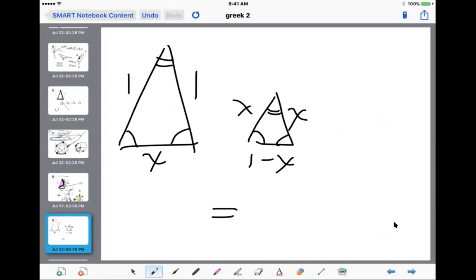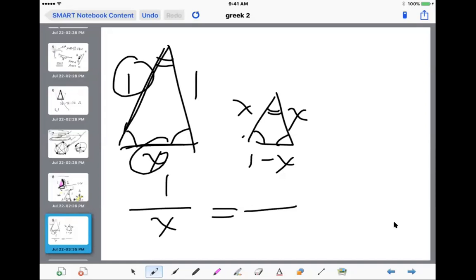But it's going to lead us to the answer. That's right. 1 over x, big side over short side in the first triangle, is equal to big side over small side in the other triangle.